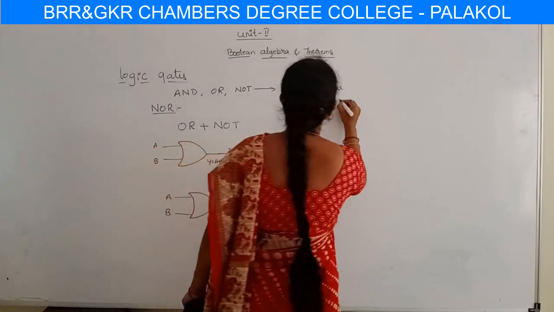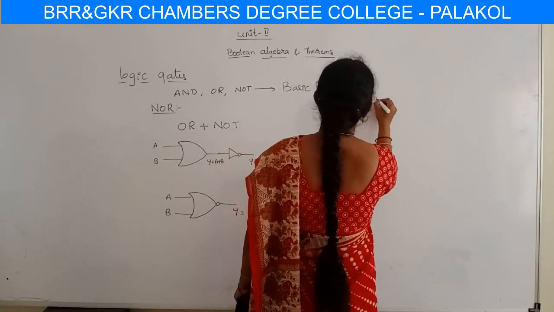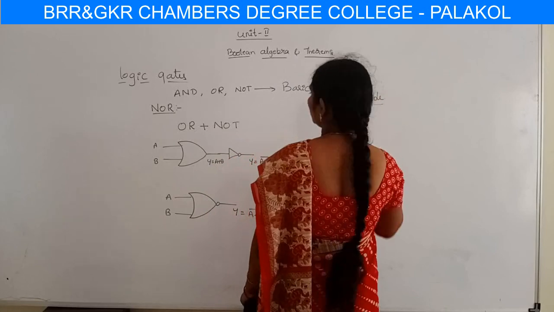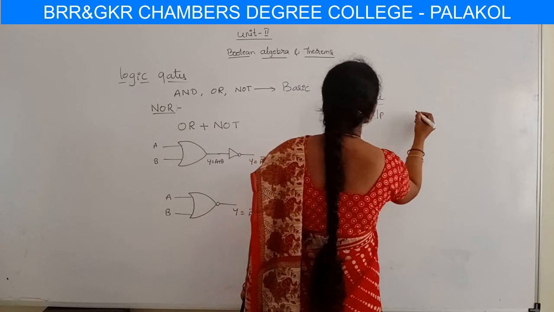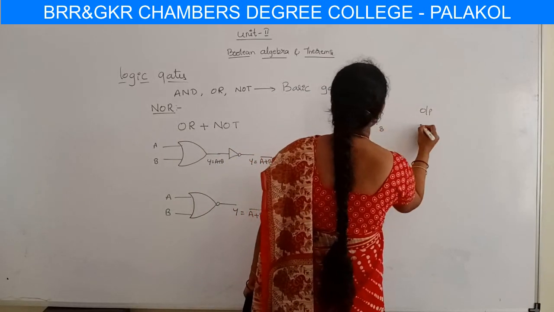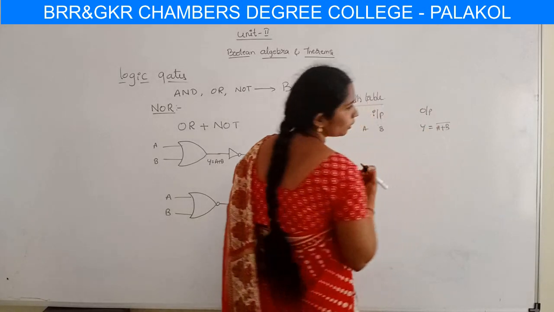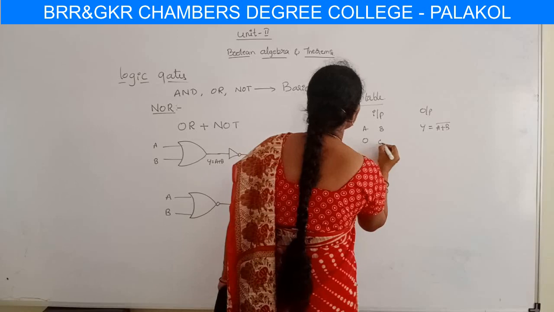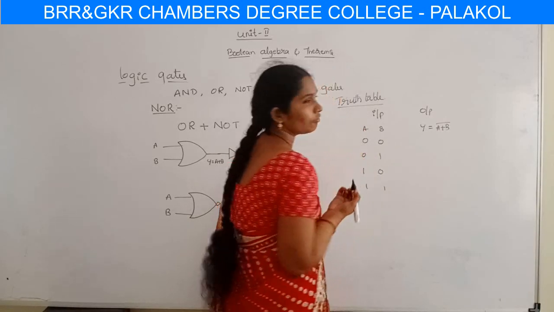Okay, next we will move to the truth table. I consider two inputs A, B, and the output Y is equal to A plus B whole bar. The inputs are 0 0, 0 1, 1 0 and 1 1.